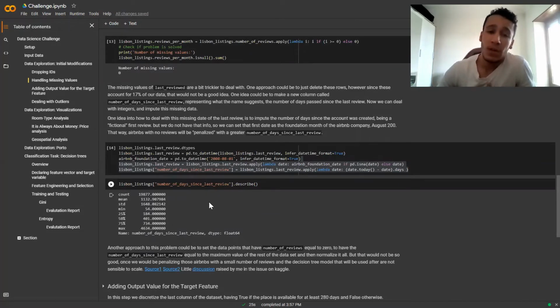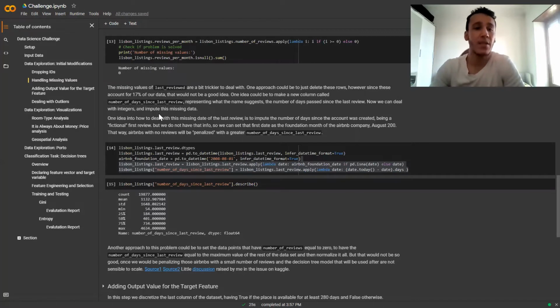So basically what we are doing here is adding another feature, which is the number of days since the last review, and we are imputing data on that feature. So we have the data in a different way, which is easier to deal with, and we can deal with outliers better.